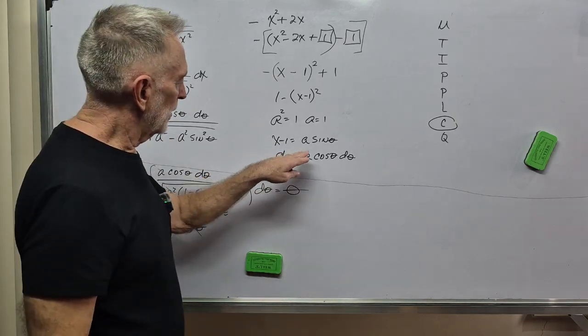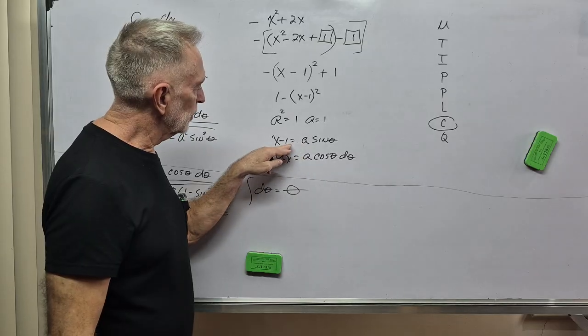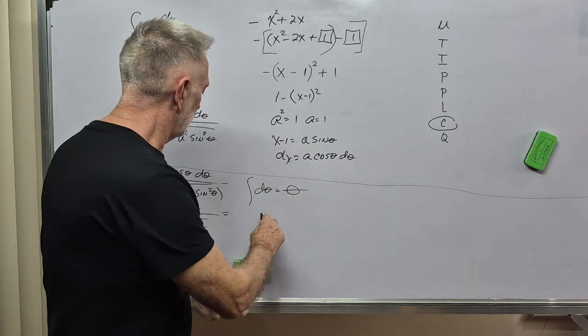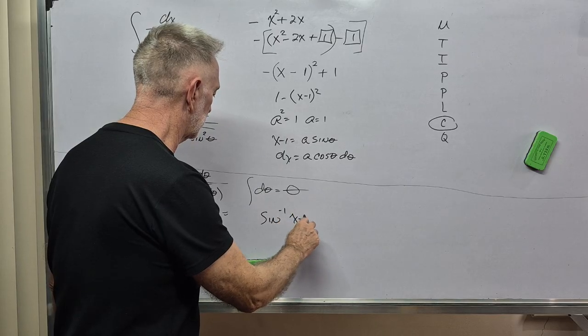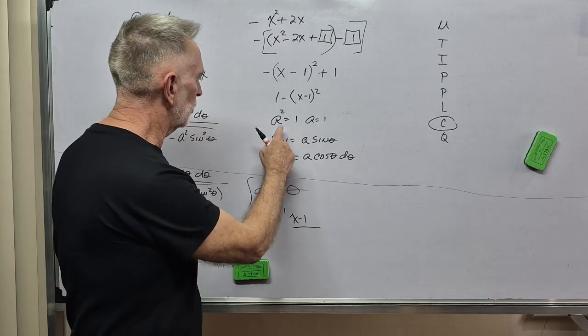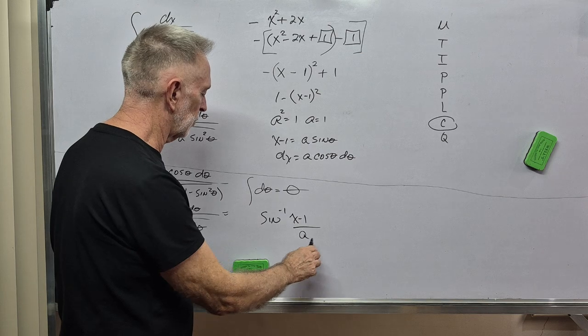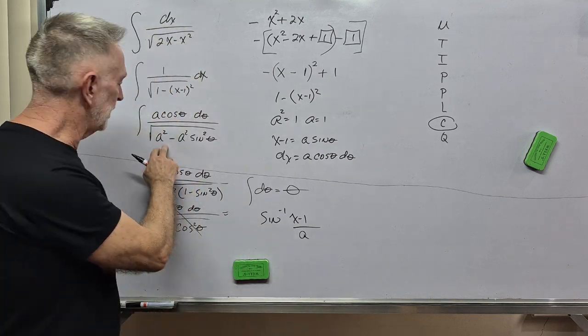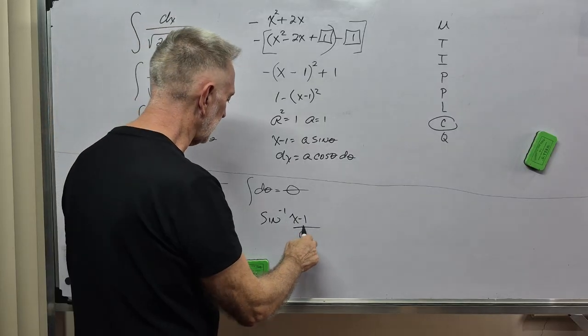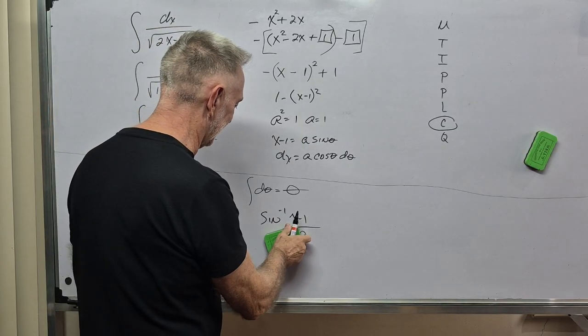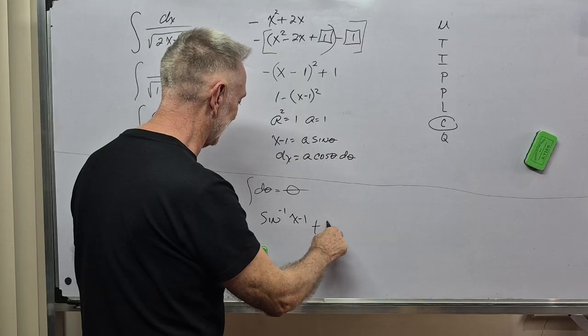Theta would then be sine inverse of x minus 1 over a. Of course, we know a is 1. I'm going to write it there because a could be 9, 12, 14, whatever it happens to be. But now I'll erase it, plus c.